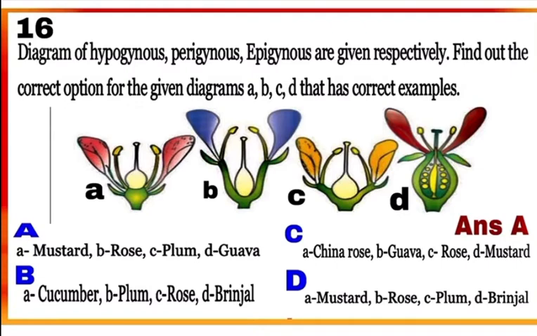Diagram B is showing perigynous flower and its example is rose and ovary here is half inferior. Diagram C also is showing perigynous flower and another example of such flower is plum, and diagram D is showing epigynous flower. Example of it is guava. Here ovary is inferior. So mark A as a correct answer.